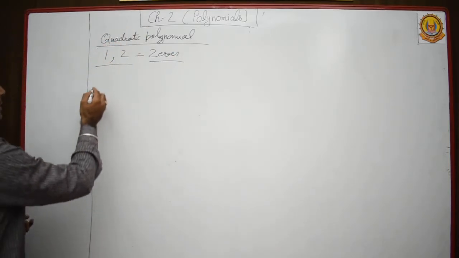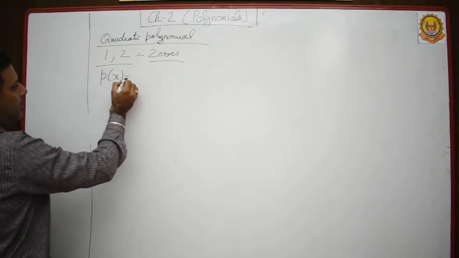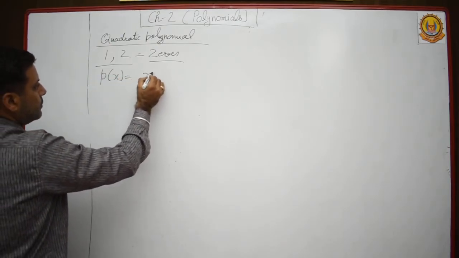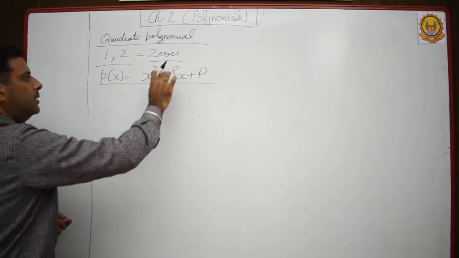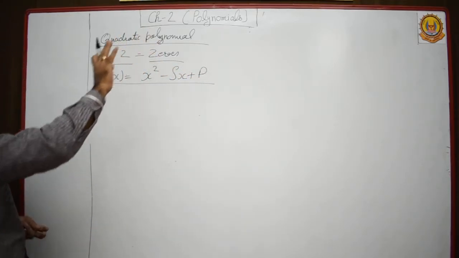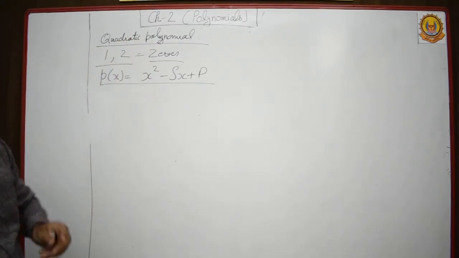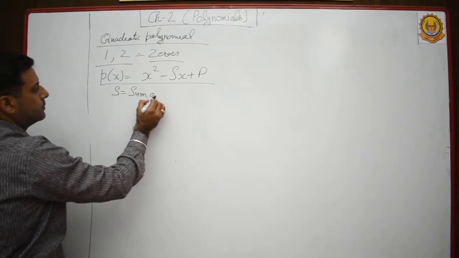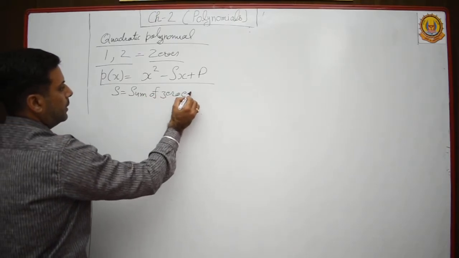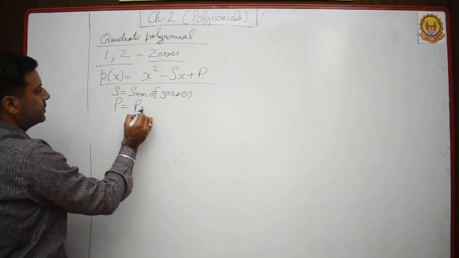So we have a formula: p of x is equal to x square minus sx plus p. This is the formula we have for making a quadratic polynomial when we have the zeros. Okay. S means the sum of zeros and p means the product of zeros.